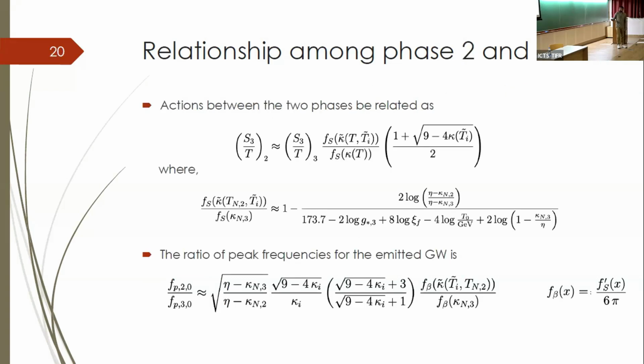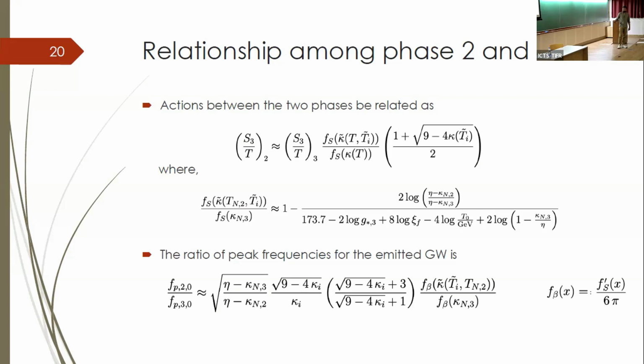For phase 2 and phase 3, the expressions are slightly more complicated, because phase 2 is fundamentally different from phase 3: phase 2 goes in the opposite direction, from a broken phase to a symmetric phase. So what we found is that the peak frequency ratio for phase 2 with respect to phase 3 is given by a kappa I dependent functional form times the model dependence, and this is less than or equal to 1.